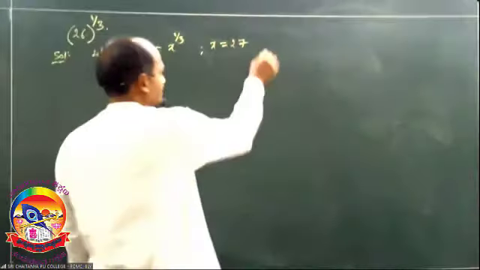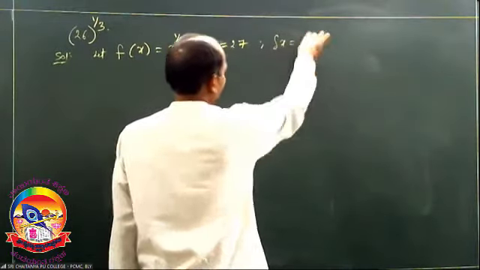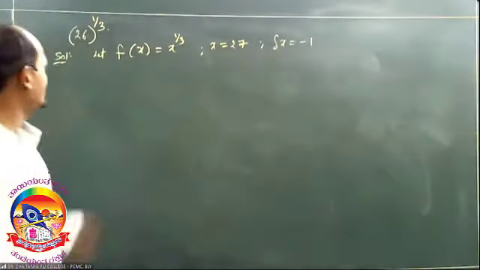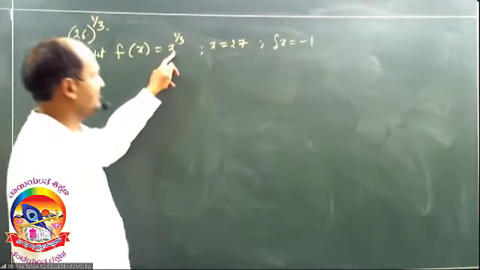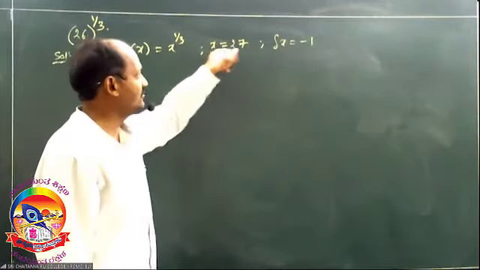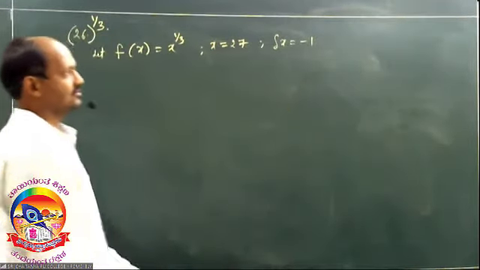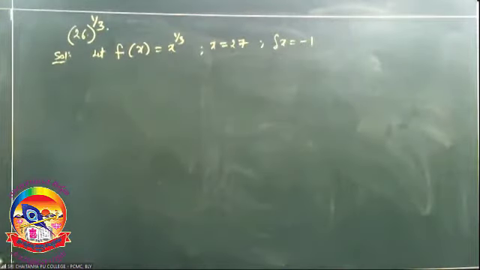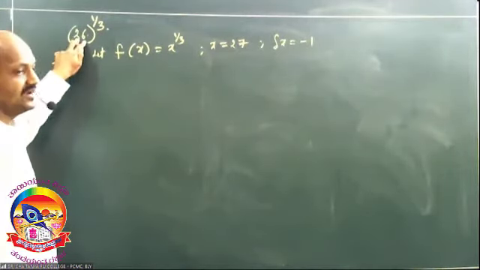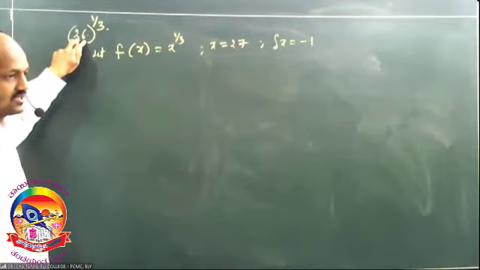And delta x is equal to minus 1. Okay? f of x equal to cube root of x, x equal to 27 and delta x is equal to minus 1.